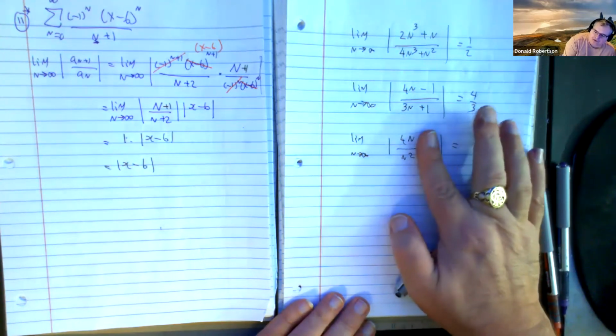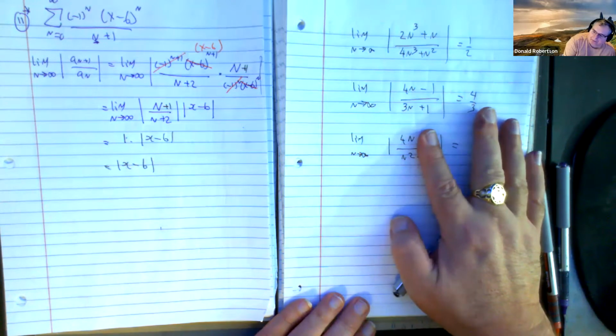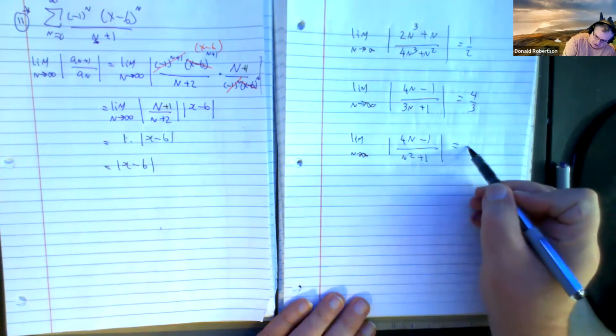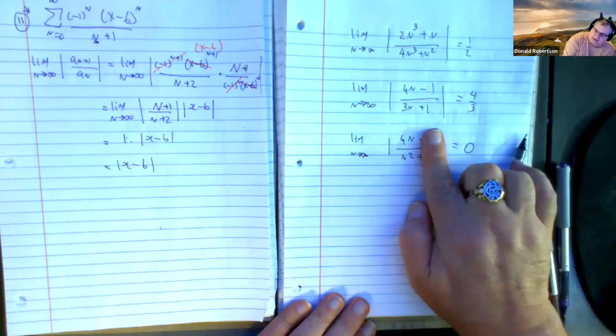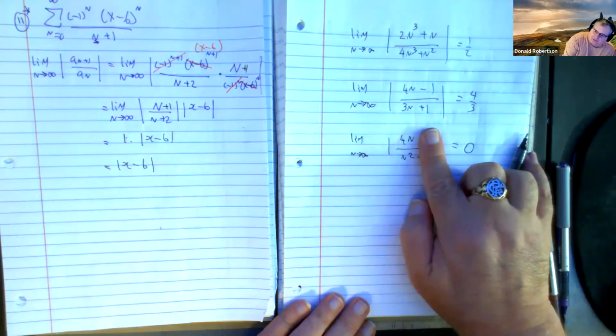Now notice all you do is cover up everybody except the best term. What would that get you? What's chance? 0. In the big scheme of things, doesn't that cancel down to 4 over n? And 4 over infinity is 0.